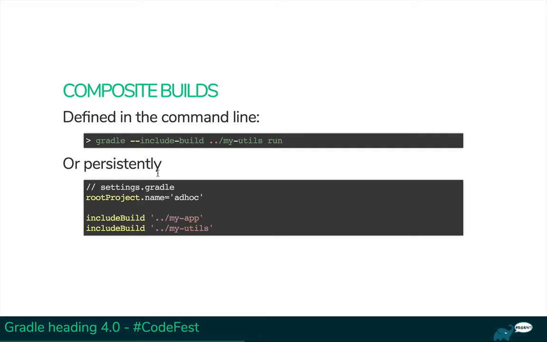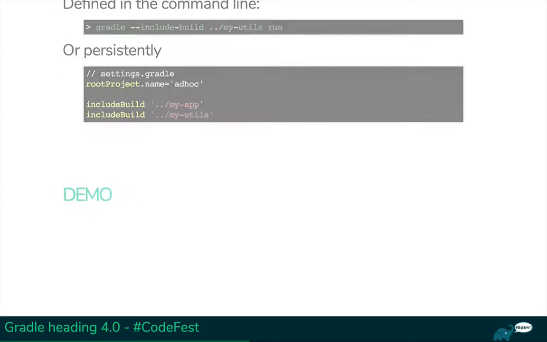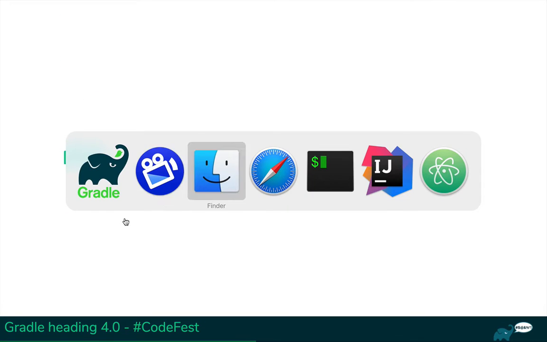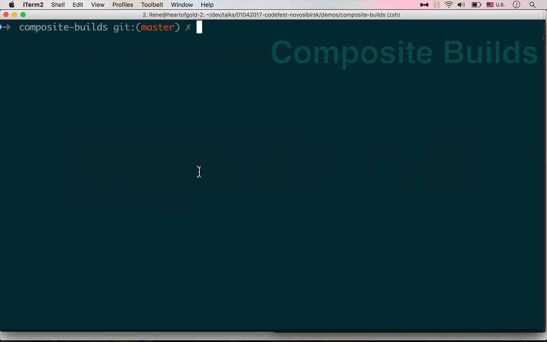Or you can do that persistently by defining a settings.gradle file and have an include build statement here where you say which project you want to have. And that way you can share those settings file and have a persistent setup of your composite build. So maybe let's give it a spin.